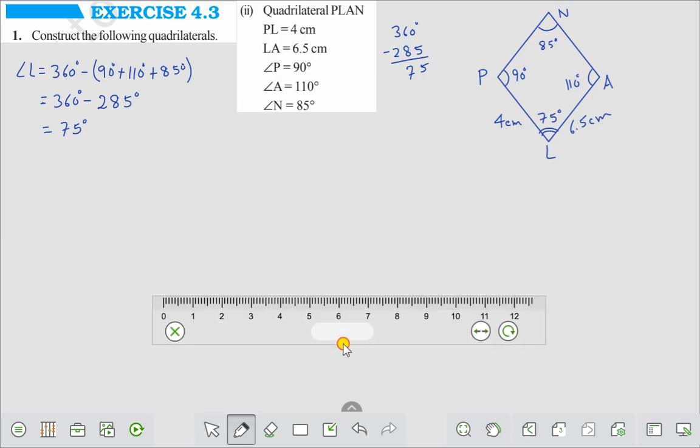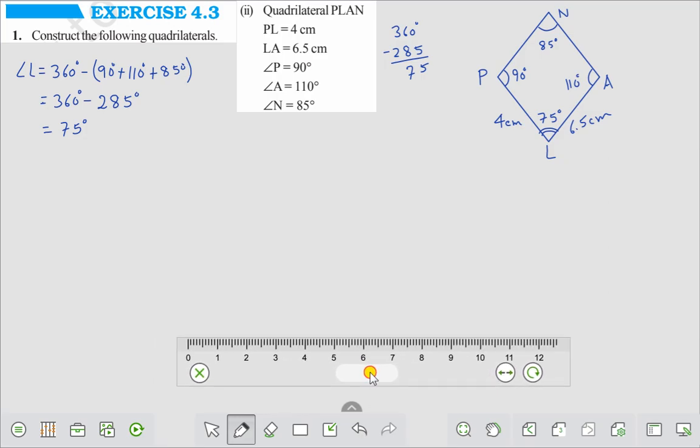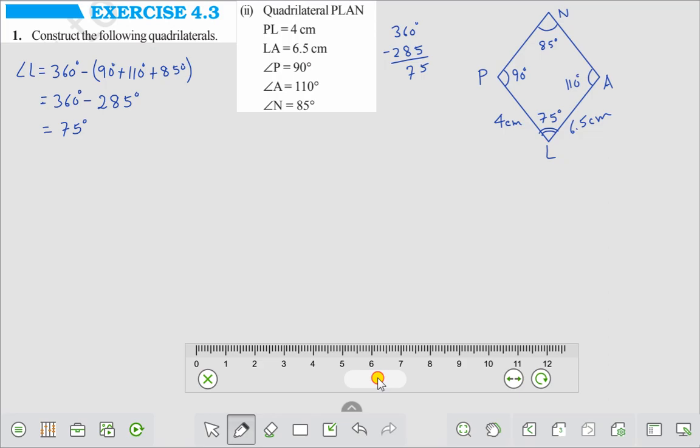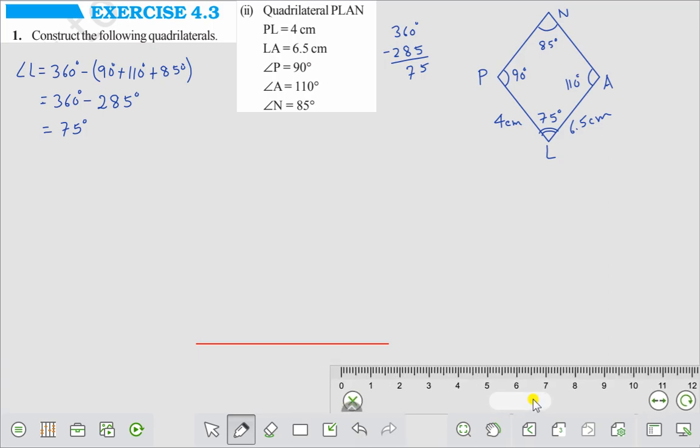With the help of the ruler, take LA as 6.5 centimeter. This is exactly 6.5 centimeter, and the name of this point is L and A. This is L point, and this is A point.